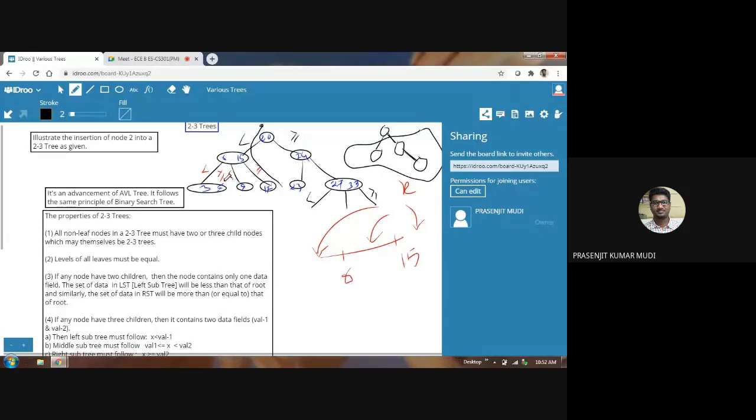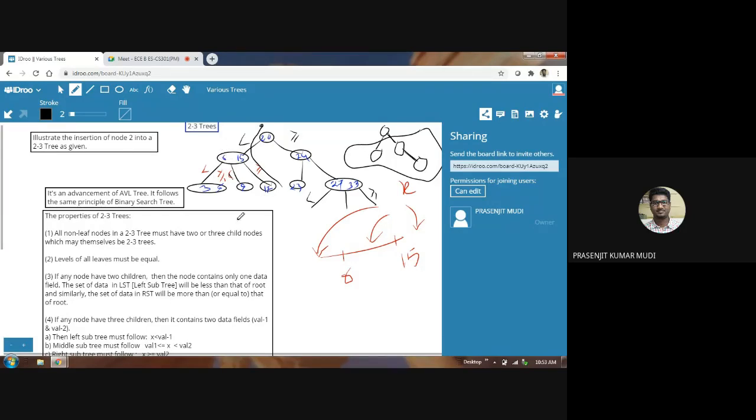Another case is a node having three children. We know that such a node contains two data fields, so based on the two data values we will have three branch policies. The leftmost branch follows the principle that the value in the child node must be less than 6, the first data field.